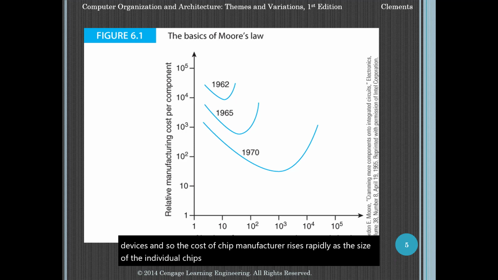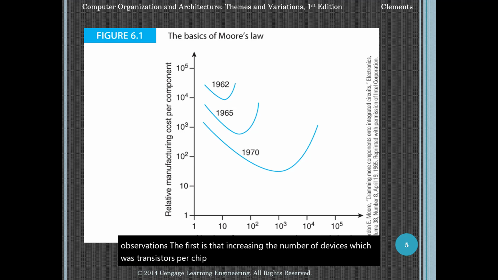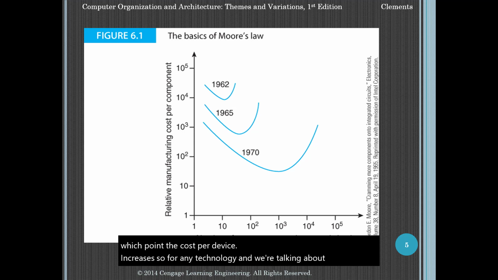And really Moore made two observations. The first is that increasing the number of devices, which were transistors, per chip, forces the cost per device down until the size of the chip must be increased to accommodate extra devices, at which point the cost per device increases. So for any technology, and we're talking about manufacturing process, there's a minimum device cost.